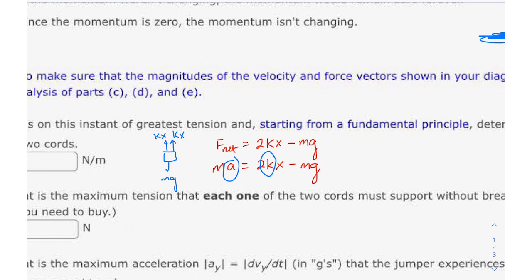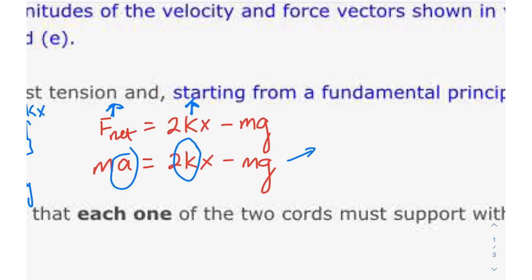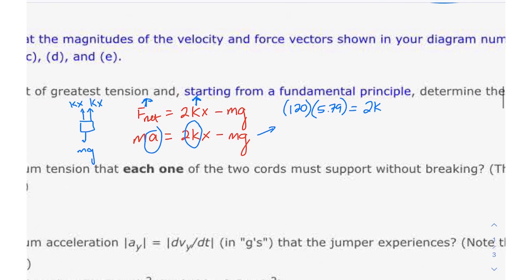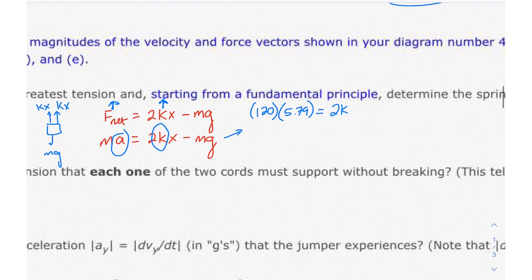So if we are treating the force in the upward direction, which would be our spring force, if we want to treat that as positive, then we can plug in 5.79 for a. So this calculation, when we plug in those values, will be our mass, which was 120 kilograms, times our acceleration of 5.79, and that would be equal to 2k times x, where x is our displacement.